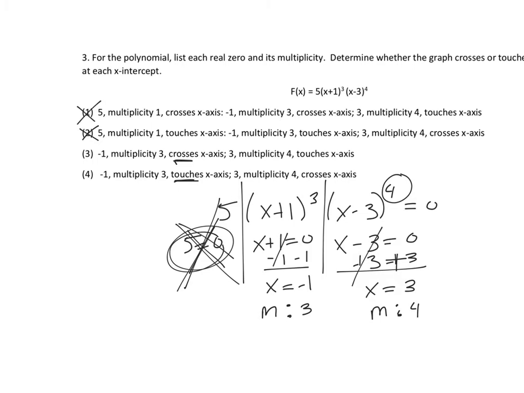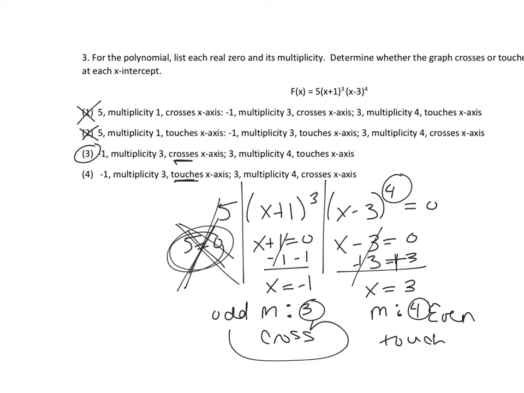What I'm talking about is the multiplicity. So this is an even multiplicity, so it's going to touch at 3, and this is an odd multiplicity, so it's going to cross. I'm going to have choice 3 because negative 1 has an odd multiplicity, which means I cross, and the 3 has an even multiplicity, which means I touch.